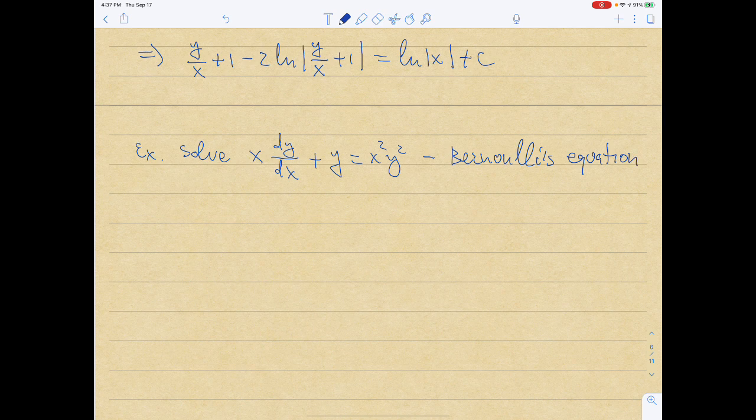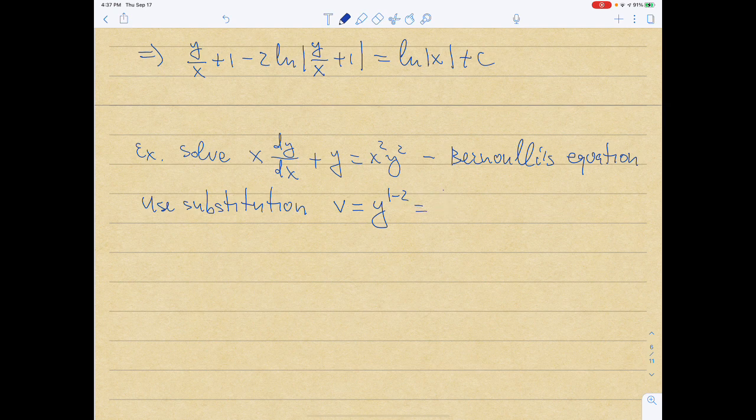And this equation can always be solved by using substitution v equal to y to the power 1 minus n, where n is the power of y here. So use substitution v equal to y to the power 1 minus 2.